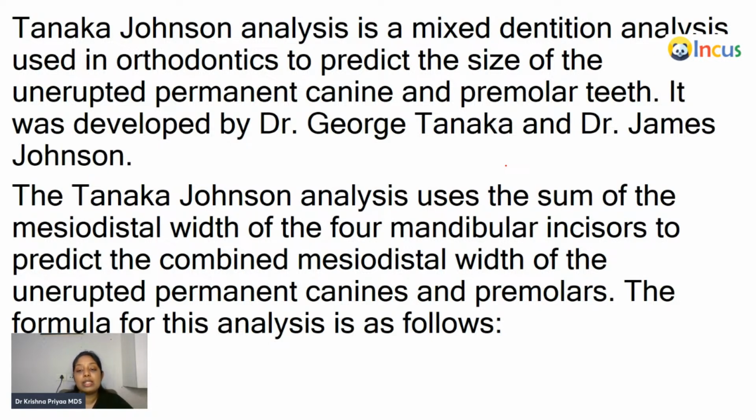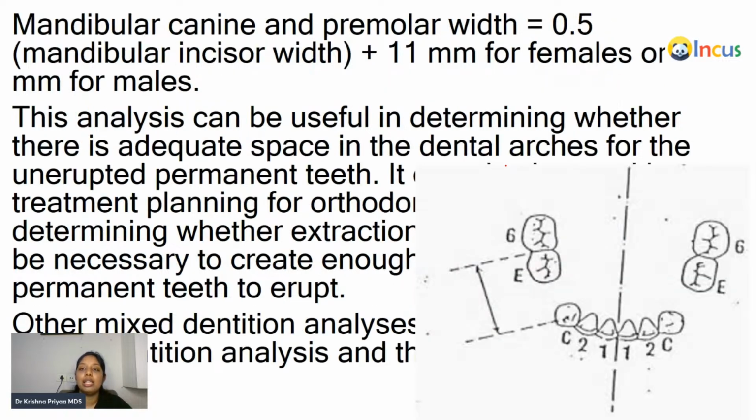The formula is 0.5 into mandibular incisor width plus 11 mm for female or plus 12 mm for male. They take only the value of the mandibular incisors, multiply it by 0.5, and add 11 mm for female and 12 mm for male in order to figure out the mandibular canine and premolar width.